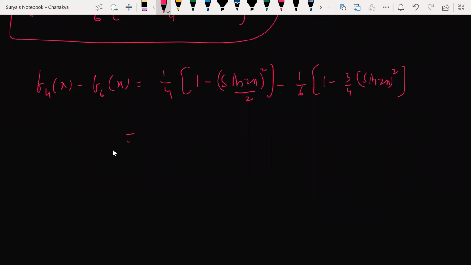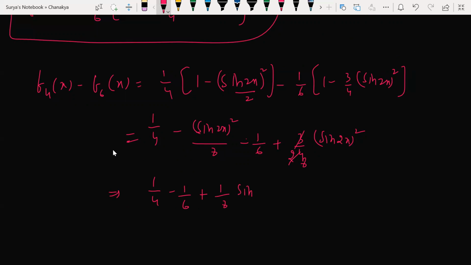So 1 by 4 minus 1 by 4 sin 2x whole square by 8 minus 1 by 6 plus 3 by 4 sin 2x whole square, correct? So how much do you get here? 24, right? So 1 by 4 minus 1 by 6, and minus and plus 1 by 8 sin 2x whole square.